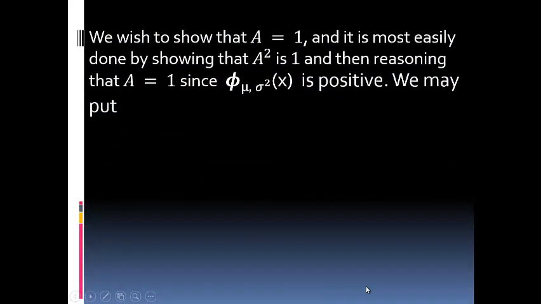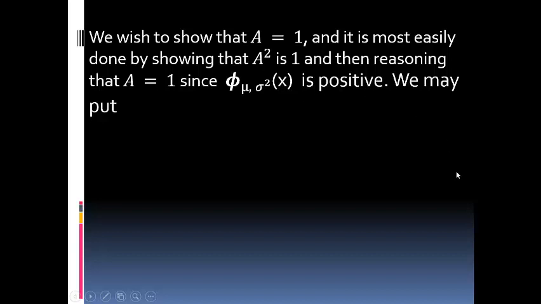Next, we wish to show that A is equal to 1. It is most easily done by showing that A squared is 1, and then reasoning that A is equal to 1, since the small phi sub mu and sigma squared of x is positive.